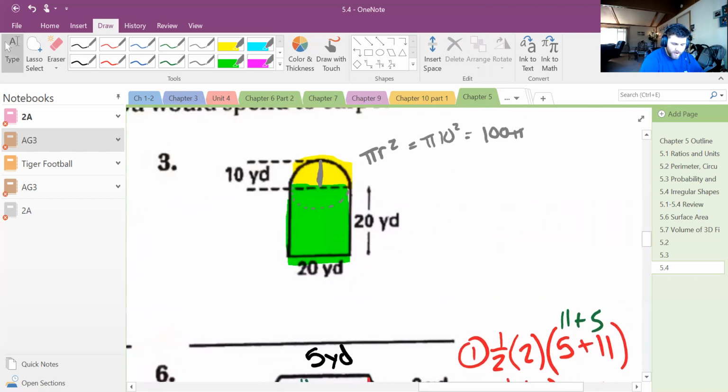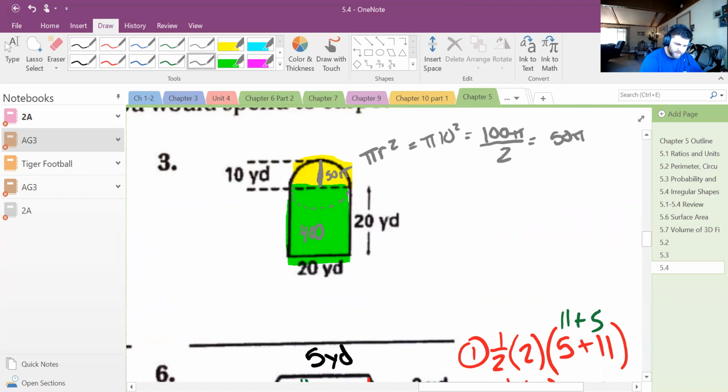But since it's only a semicircle, can't I just divide this by 2? I can. So it's going to be 50 pi for that semicircle. And the square is going to be 20 times 20, which is 400, base times height.